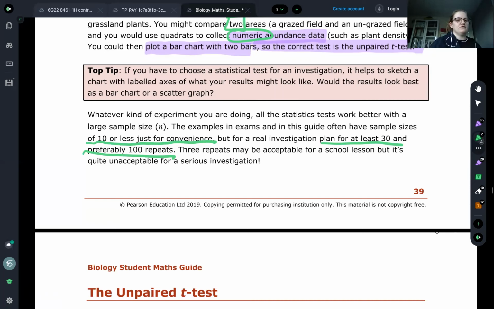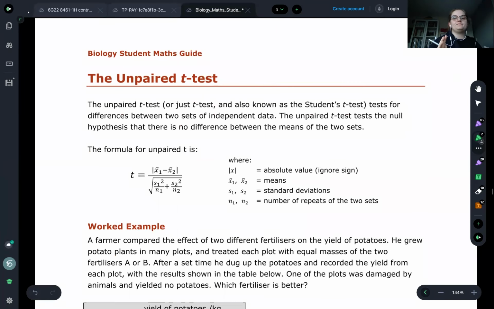So I'm going to introduce you to the unpaired t-test. A quick talk about it, and I'll give you the formula for it, and then we'll have a look at it in a bit more detail tomorrow. The unpaired t-test, also known as the t-test, also known as student's t-test, tests for differences between 2 sets of independent data.